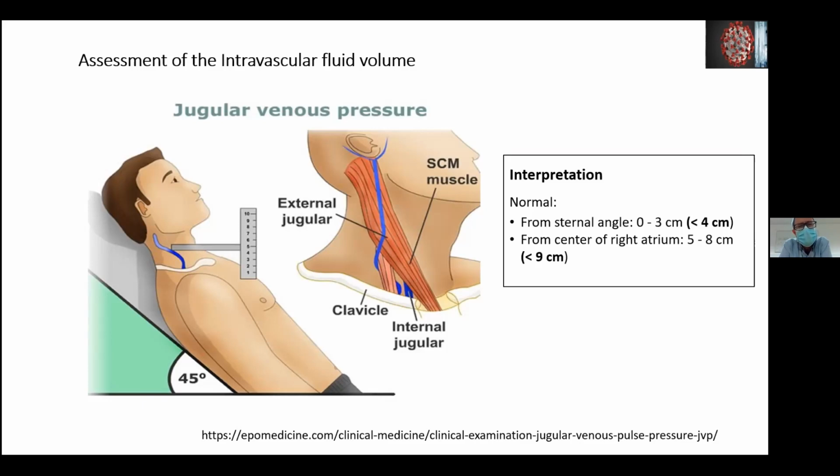Normally it is less than 4 centimeters of water if you take the sternal angle as the landmark. If you use the center of the right atrium, which is located 5 centimeters below the sternal angle, you have to add 5 to the measurement about the angle of the sternum, and that will be, in that case, less than 9 centimeters.